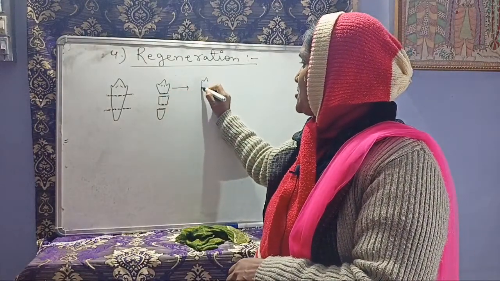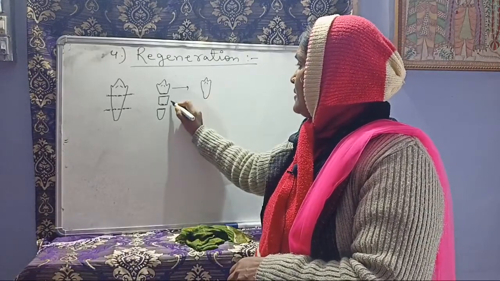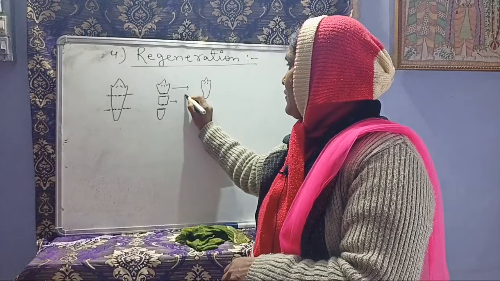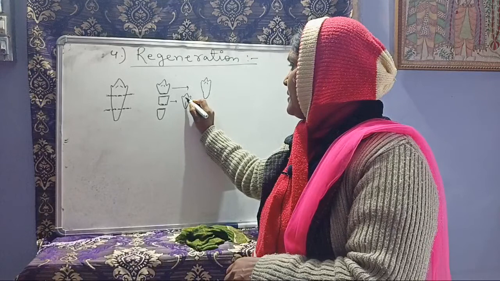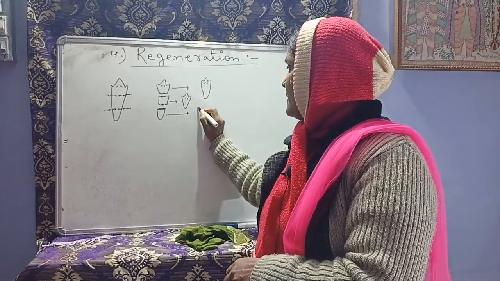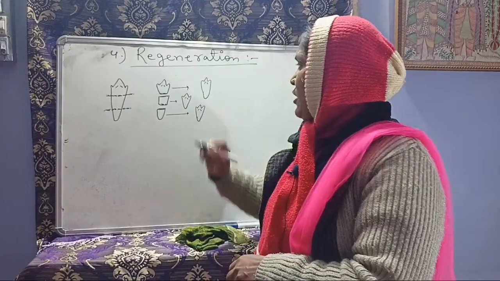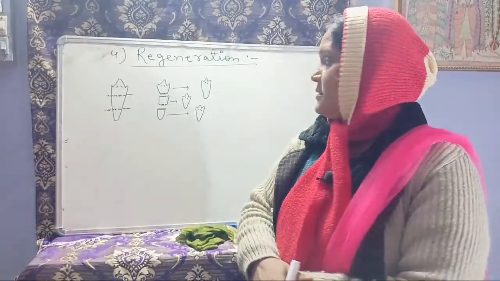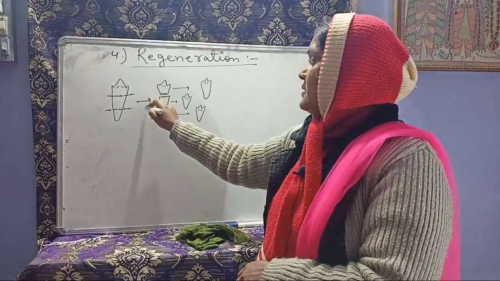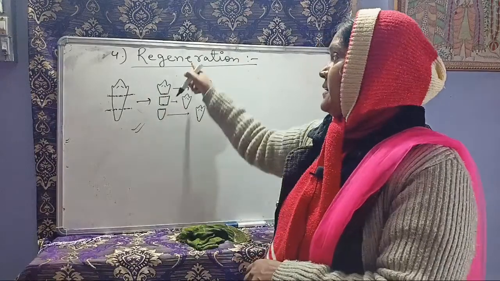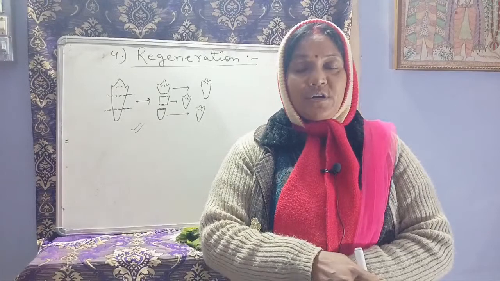By the formation of the lost body part, young ones are obtained. Hence, here regeneration is a method of asexual reproduction.